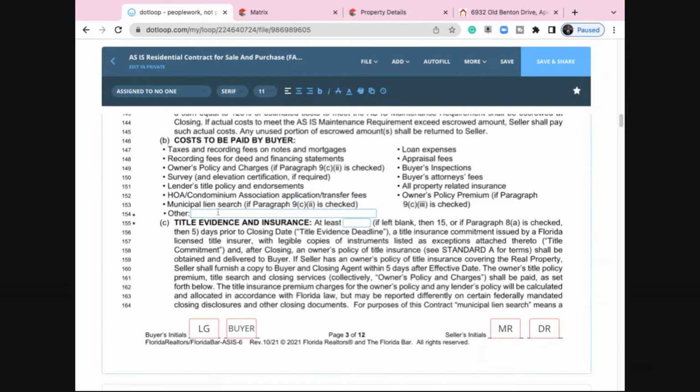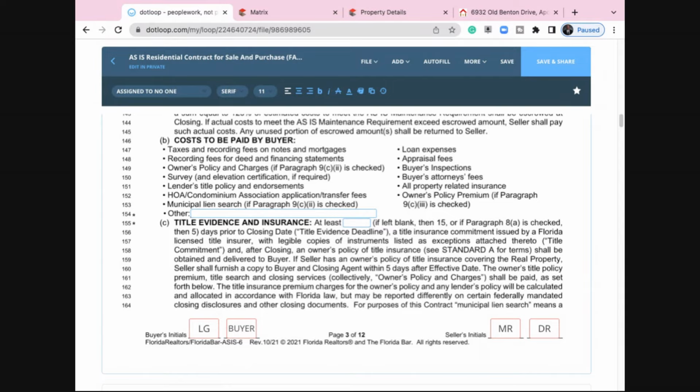If there is a brokerage fee, if there is something that you're requiring the buyer to pay, let's say you're working with a wholesaler and you had a situation where there's a deal that a certain amount is paid, you can put that here.